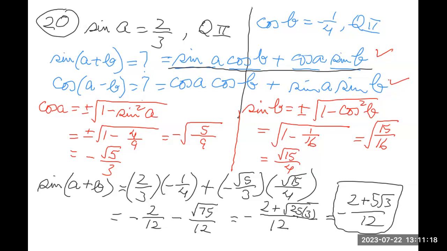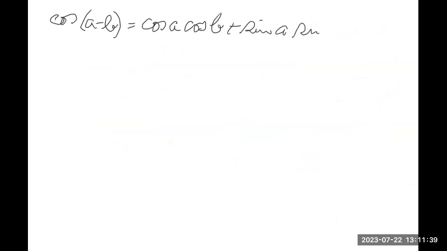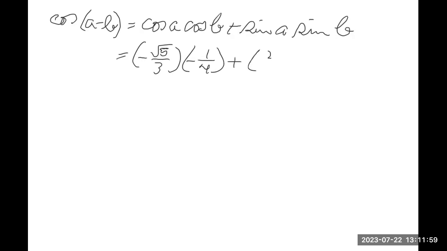Similarly, we can find cosine of A minus B, which is cosine A cosine B plus sine A sine B. Now we found cosine A to be negative root 5 over 3. Cosine B was given to us as negative 1/4. Sine A was given to us as 2/3.